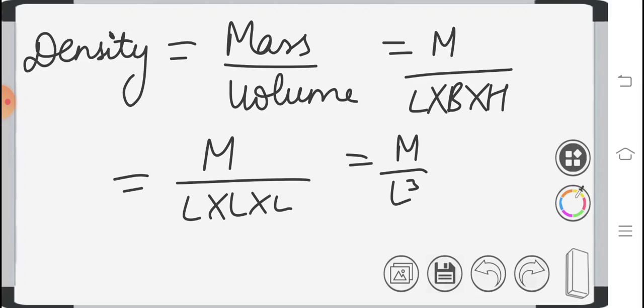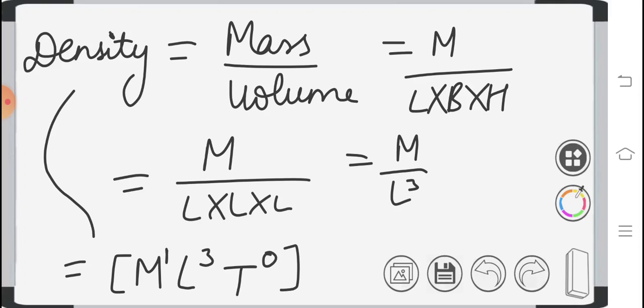I just told you the standard way: M to the power a, that is 1, L to the power b, that is 3, and T to the power c; since T is not there, we write 0. So this is the dimensional formula for density: M to the power 1, L to the power 3, T to the power 0. Sorry, L is in the denominator, so it becomes L to the power minus 3.